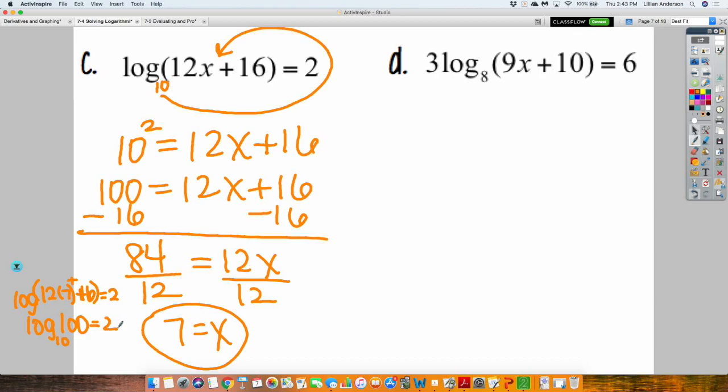That's supposed to equal 2. Yes, 10 squared does equal 100. If I have log base 10 of 10 squared, doesn't the log base 10 of 10 cancel out? That's one of those special rules. So that does indeed equal 2. So it works.